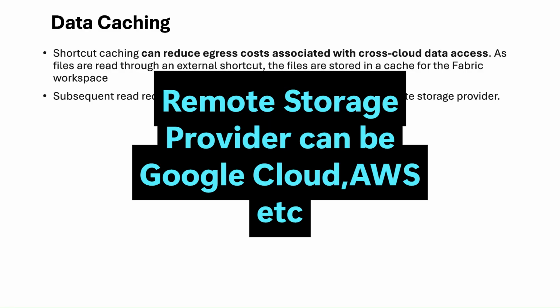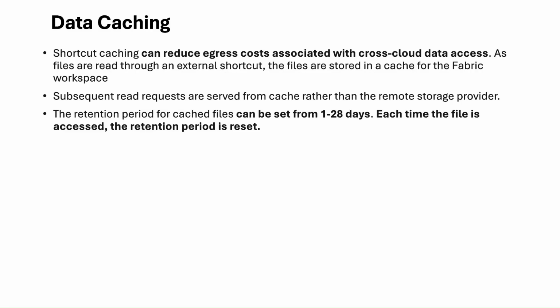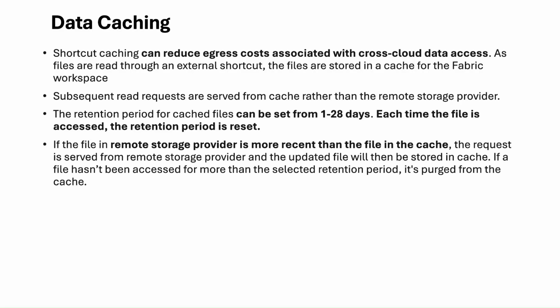So making things fast. The retention period for cache files can be set from 1 to 28 days currently in Fabric, and each time the file is accessed, the retention period is reset. Okay, so it is a resetting of the retention period that happens when someone accesses the file.